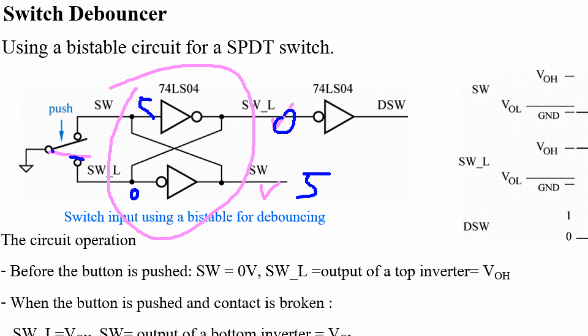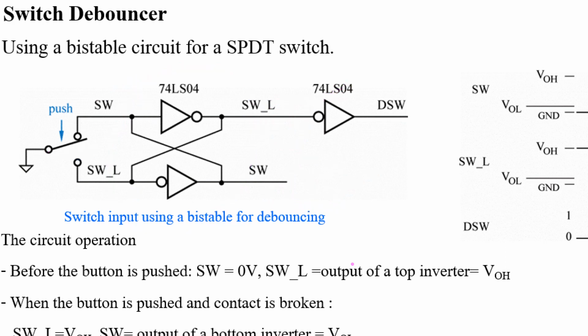When bouncing occurs, it's separate at here because it's bistable, right? So it can hold the state, namely 5 at here and 0 at here. So you can use this one for a switch debouncer.